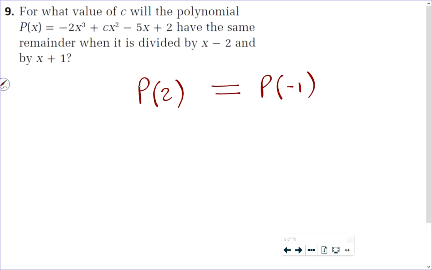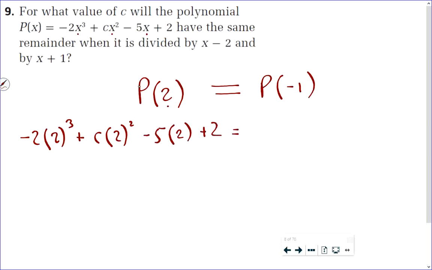So what I can do is put 2 into that expression and get negative 2. My input is in these 3 places. That's where I'm putting this 2. Times 2 cubed plus c times 2 squared minus 5 times 2 plus 2.